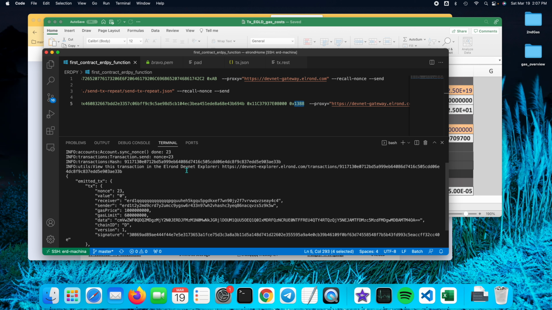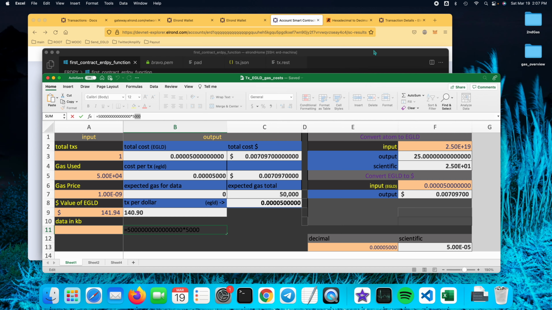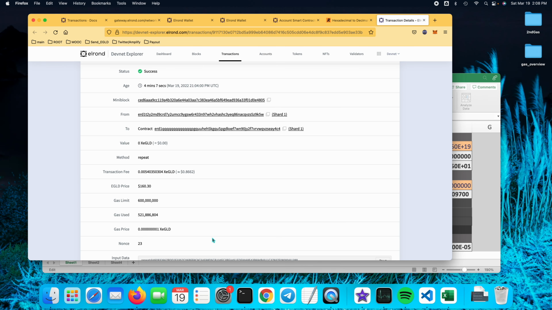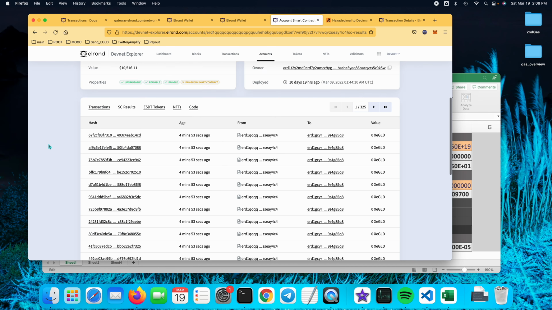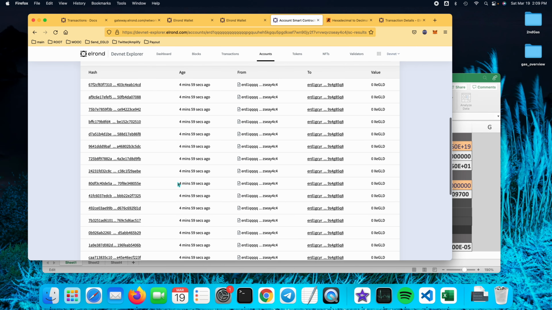Here was the transaction, and it says we can look at it on the Explorer now. It's ready. This time when I put in the max gas, it didn't use it all. So I guess that was some kind of weird fluke that happened to me the first time. Each one of these was 5 over 1,000 XE gold that I was sending, and I did that 5,000 times. And here's a list of all those transactions.